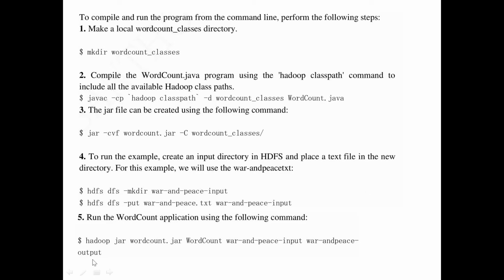If you want to list the output in your command prompt, you can use the ls command and view which file your output is stored in, like war and peace output. This file will be opened and you can view the output there. In general also, you can go into the file and check the output. All your output will be stored in this war and peace output file when you create it.